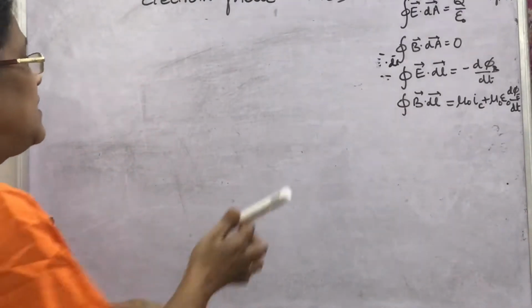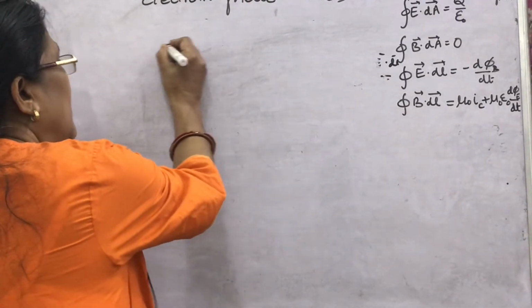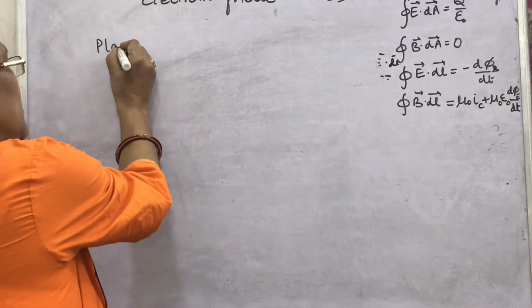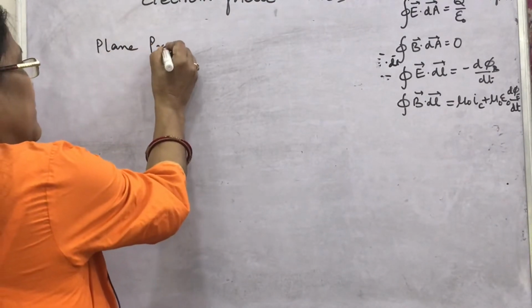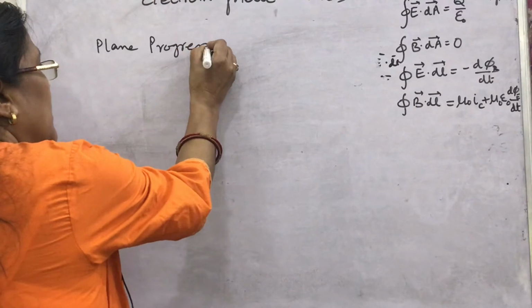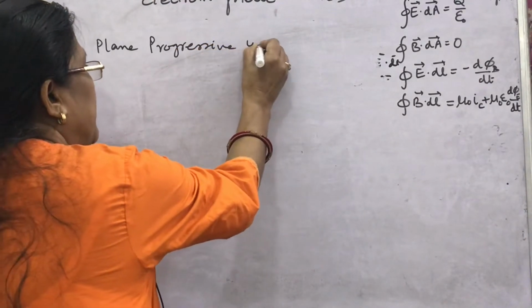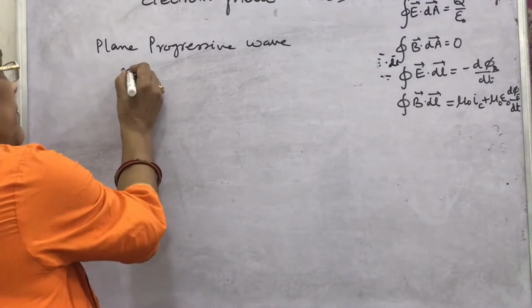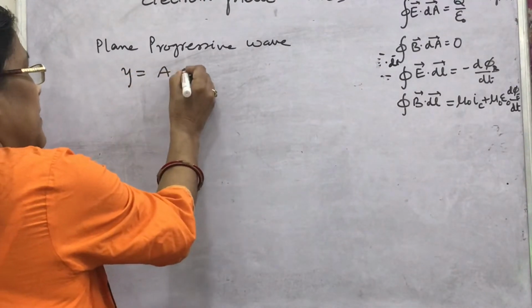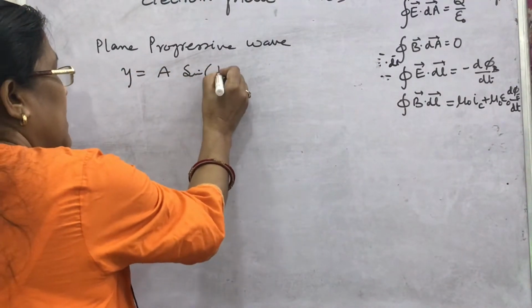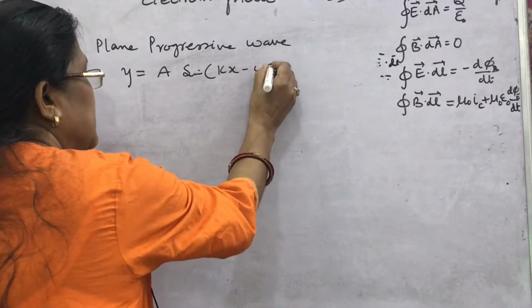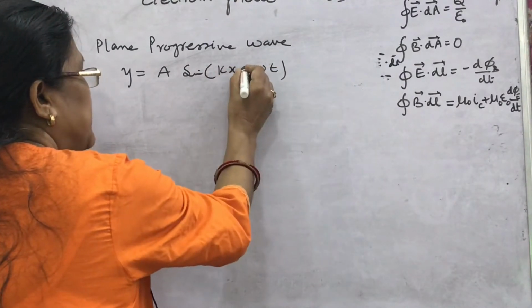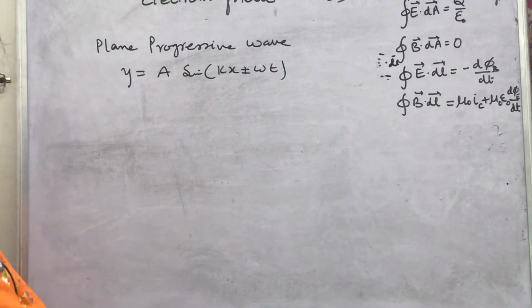Before that you should know what a plane progressive wave is. We have seen in class 11 that a plane progressive wave is given by the equation y equals a sin(kx minus omega t), that is, plus or minus omega t.